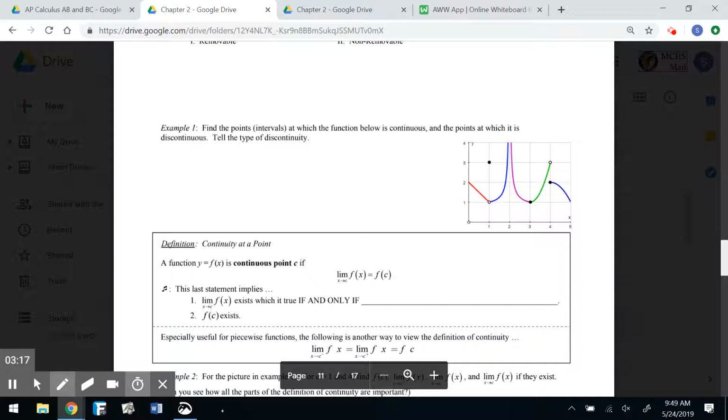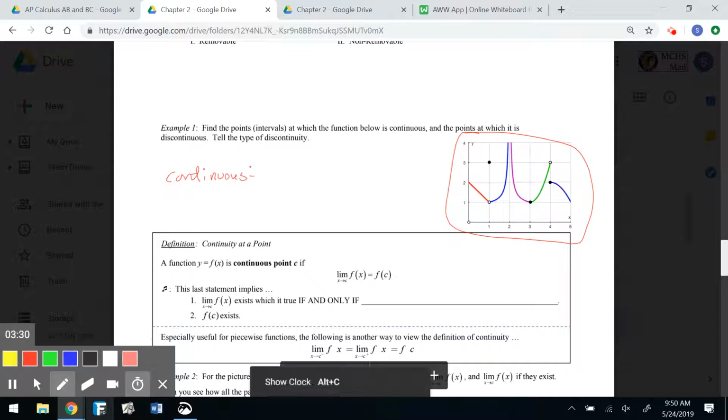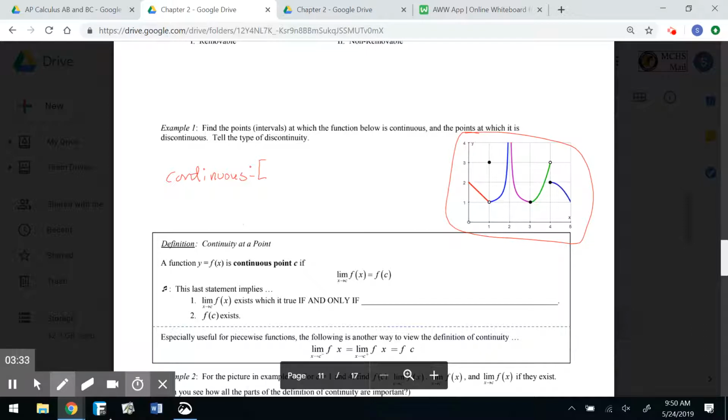Let's go ahead and describe when it would be continuous in interval notation. This graph would be continuous on the intervals from 0 to 1, union from 1 to 2, union from 2 to, it's colored in there at 3, so we say from 2 to 4, union from 4 to, is that a 6?